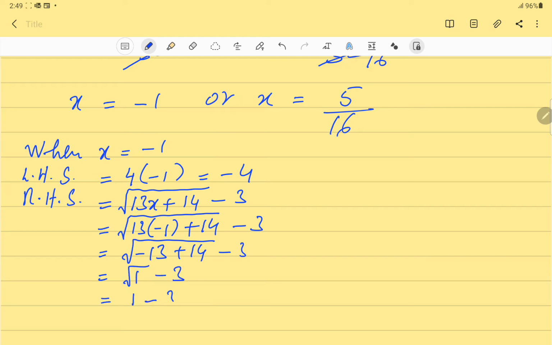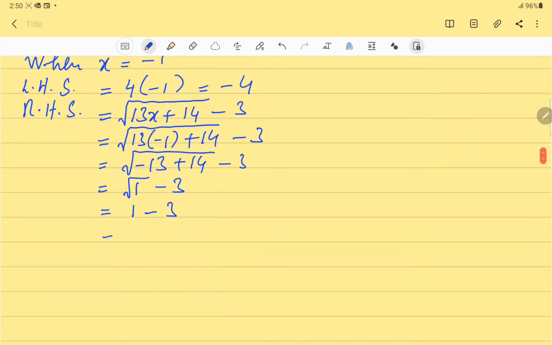Square root of 1 is 1, minus 3 is equal to minus 2, which is not equal to left hand side. So this one is the extraneous root.